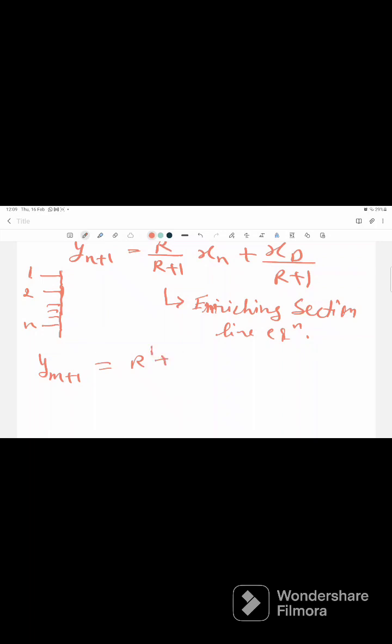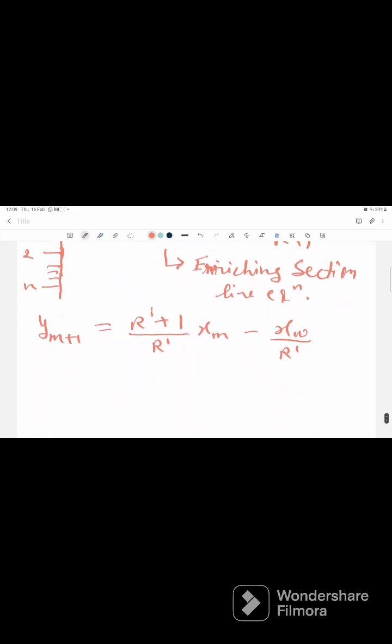So Y is (R dash plus 1) by R dash xm minus xW by R dash. Here m goes up to n trays. Trays 1 to n.